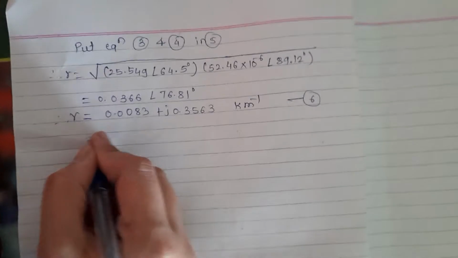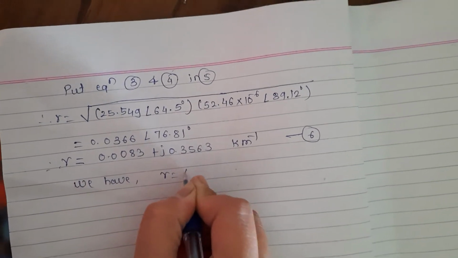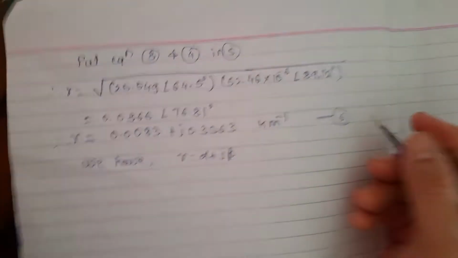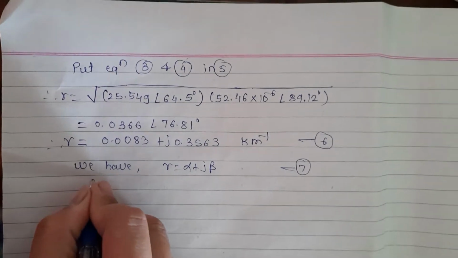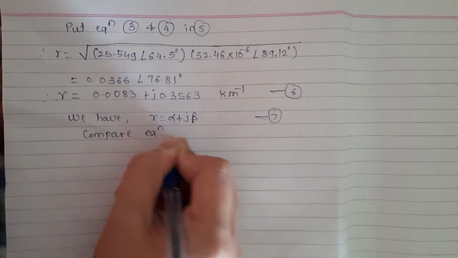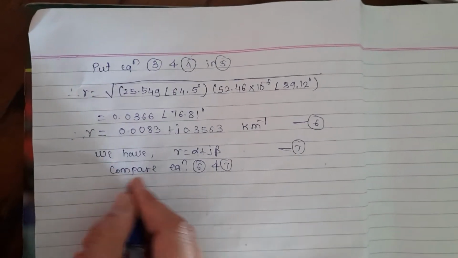Now we have gamma is equal to alpha plus j beta. So compare equation 6 and 7. We can directly find the values of alpha and beta.